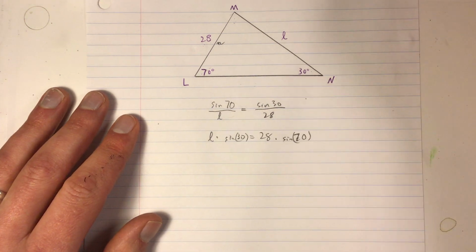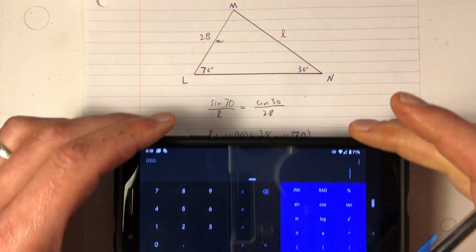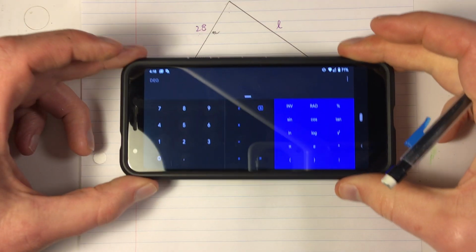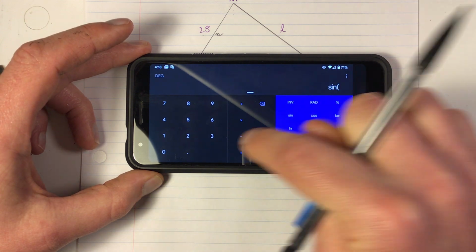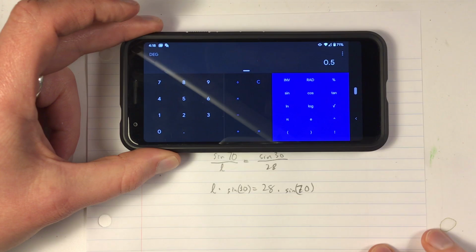And then we can do some algebra in between if we want. I can come in here and say, okay, what's the sine of 30? Oh, 0.5. Well, that's nice and easy.